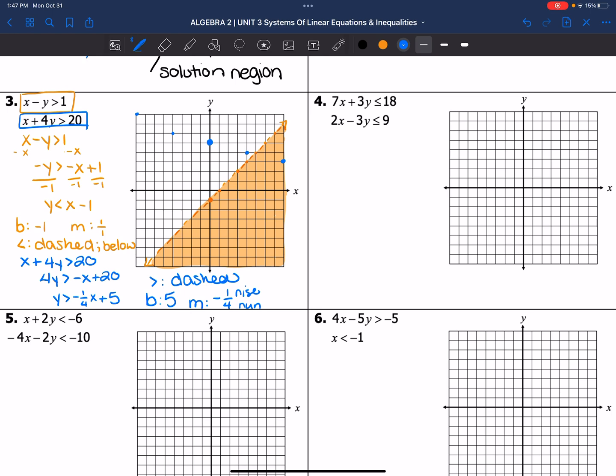Let's connect those points with a nice dashed line. And because it is a greater than, we're going to be shading above that line. So that looks like shading this region here.